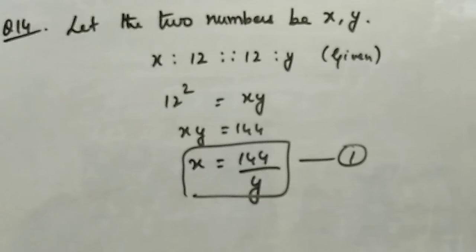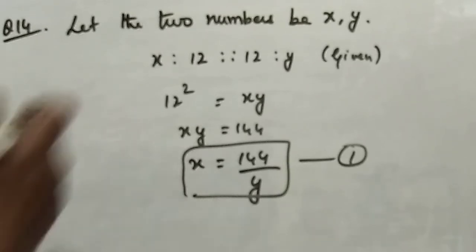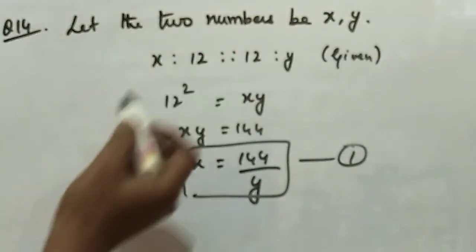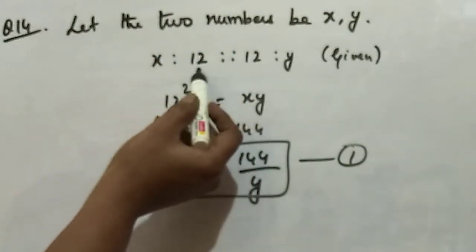What is given in the question? Find two numbers such that the mean proportional between them is 12 and the third proportional to them is 96. So let the two numbers be x and y, and 12 is the mean proportional.